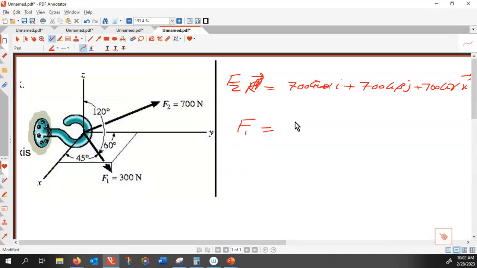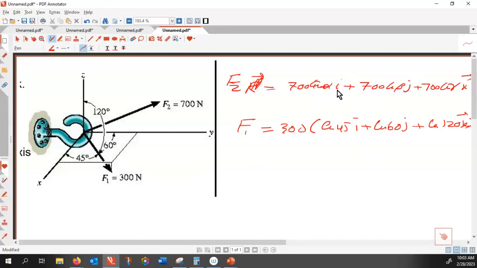F1 is 300 multiplied by cos 45 i plus cos 60 j plus cos 120 k.